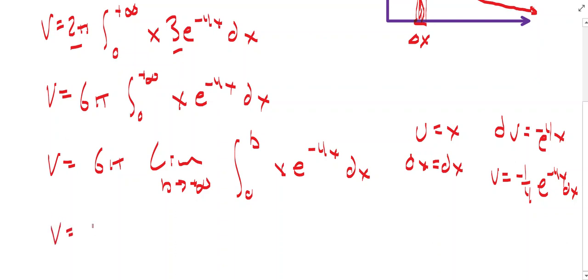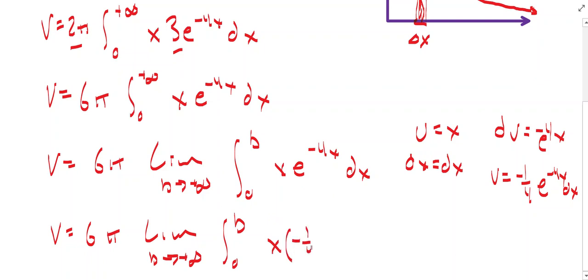We will then have 6 pi times the limit as b approaches positive infinity of the integral from 0 to b of u times v, which will be x times the negative 1/4 e to the negative 4x, minus the integral of v du.